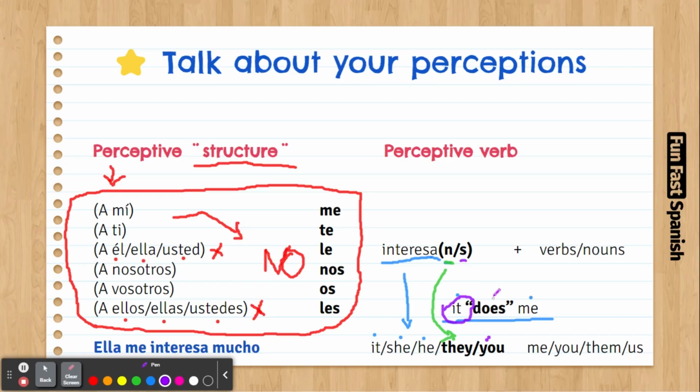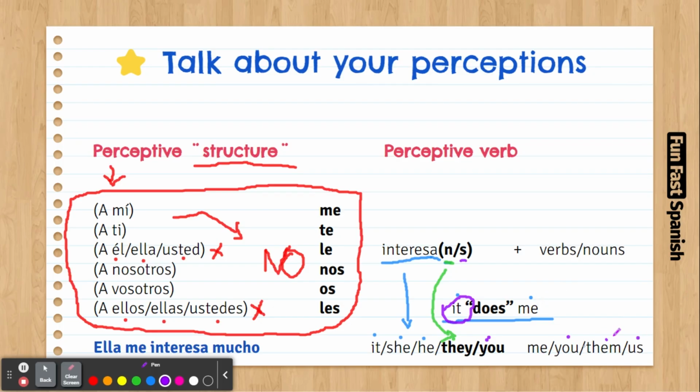So the verb is gonna change depending on what is bothering you. If it's third person singular, you just leave it like that. If it's plural, you add an N. If it's second person, you add an S. That's it. And of course, we have it bothers me, it bothers you, it bothers them, it bothers us.